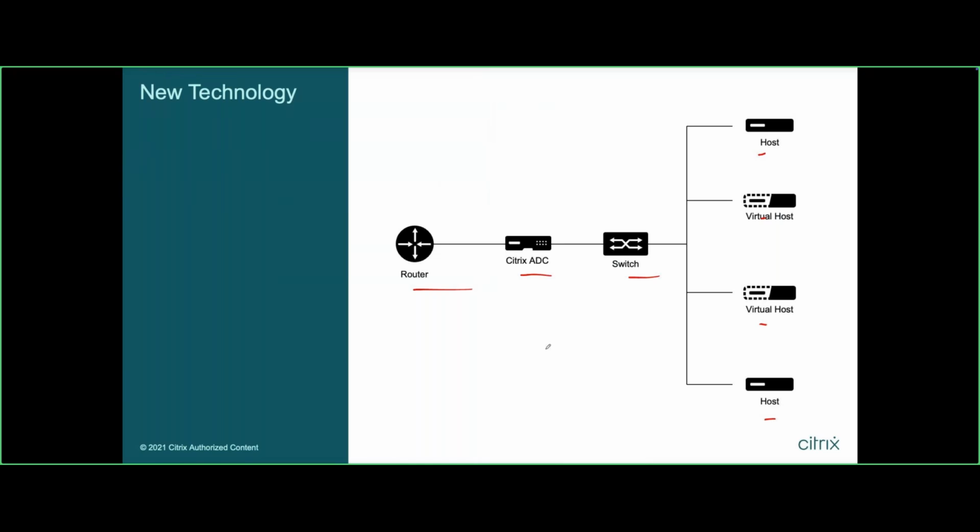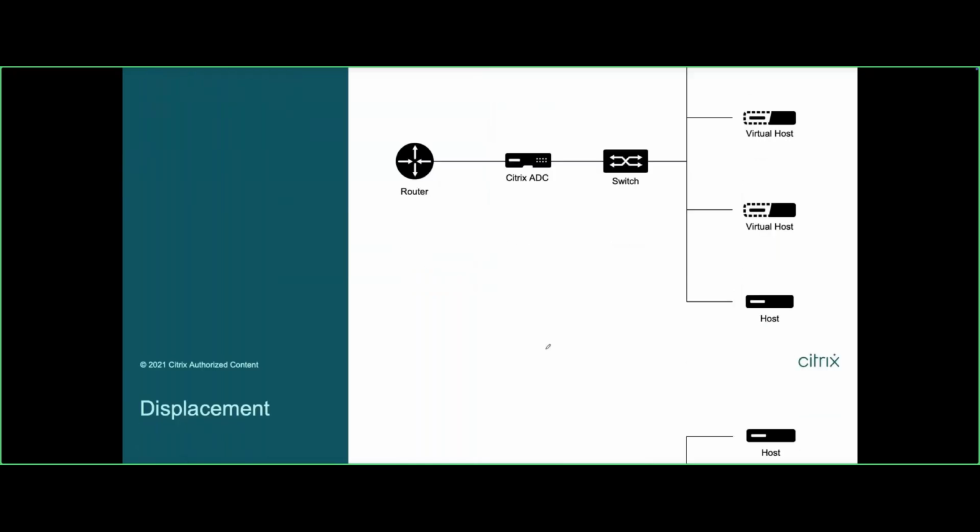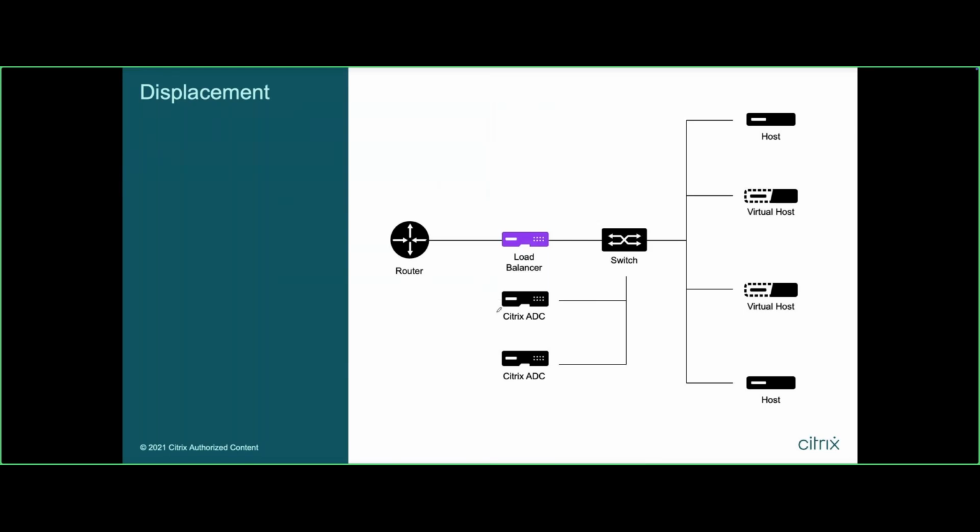If you're deciding to change your existing load balancer and put the ADC, that means you are going to slowly direct the traffic to the ADC, but still keep the existing one in place, just in case you see that it's not working properly.